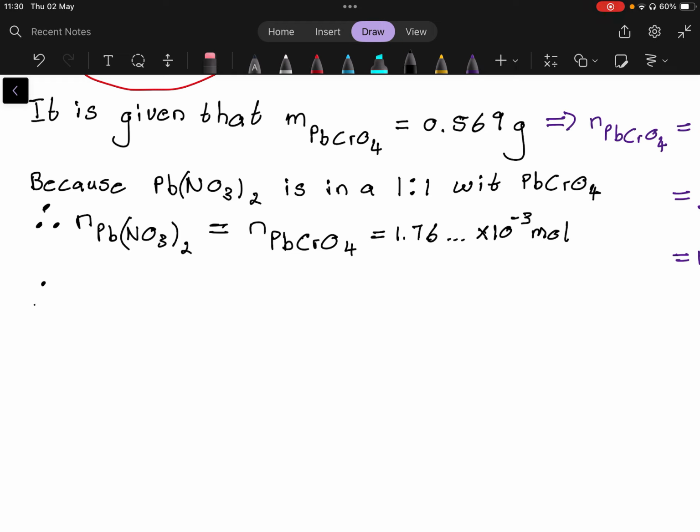So I think for this step, you can just say, therefore, the mass of lead nitrate is then equal to the number of moles of lead nitrate times the molar mass of lead nitrate.